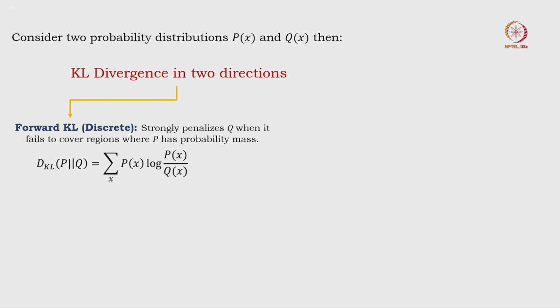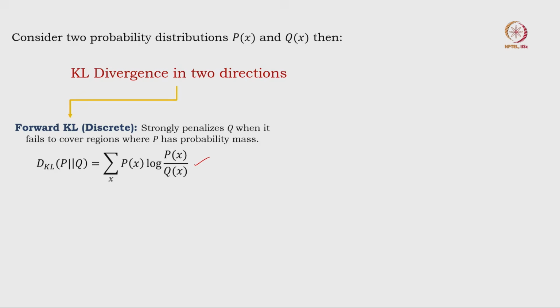We have also seen that distributions can be either discrete or continuous, right? Suppose it is a discrete distribution, how is forward KL divergence written? This is the formula for forward KL divergence.